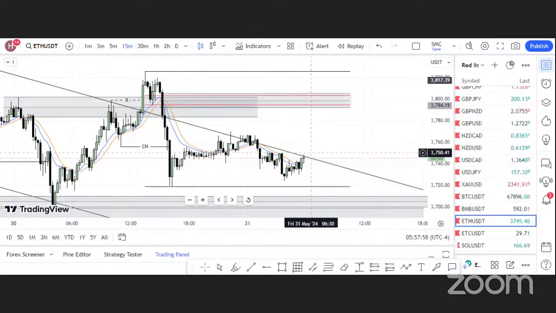The second one is for the market to close below and give us a sell opportunity. But for the sell opportunity, I doubt that we're going to get that because what we have here is a buy confirmation. All right. So we just need the market to close above it to confirm that the buying opportunity is valid.